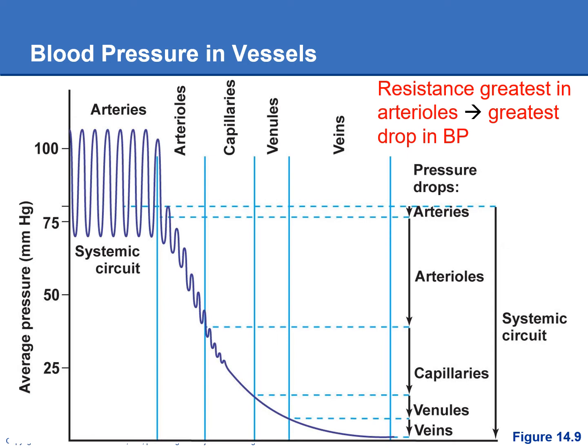The other thing to star and point out here is that resistance is greatest in the arterioles. Because of that, we get the greatest drop in blood pressure out of all of the different types of blood vessels. So arterioles have the greatest resistance to blood flow, and they're also going to have the greatest drop in blood pressure here.